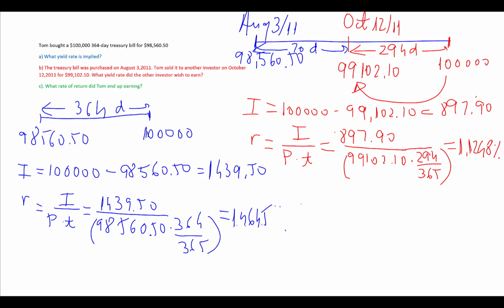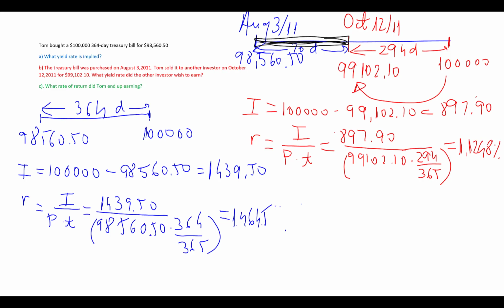For part C, we have what rate of return did Tom end up earning. So Tom had this Treasury bill between August the 3rd and October the 12th. So he kept this Treasury bill for 70 days.